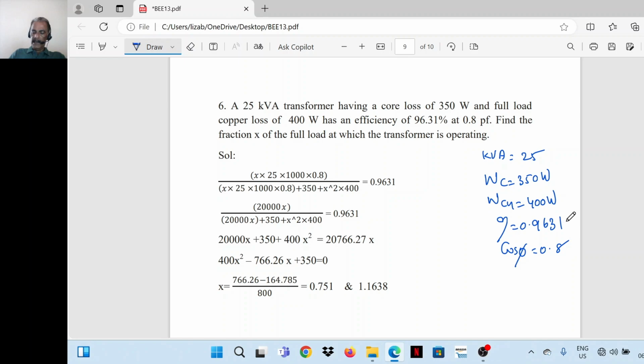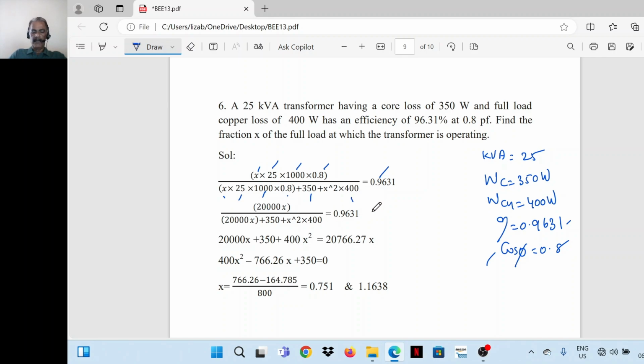So efficiency is 0.9631. We can substitute in the general equation. 0.9631 is equal to, x is not given, x kVA is 25,000, cos phi is given 0.8, divided by x kVA 1000 0.8 plus core loss is 350 plus x square into full load copper loss, which is 400.